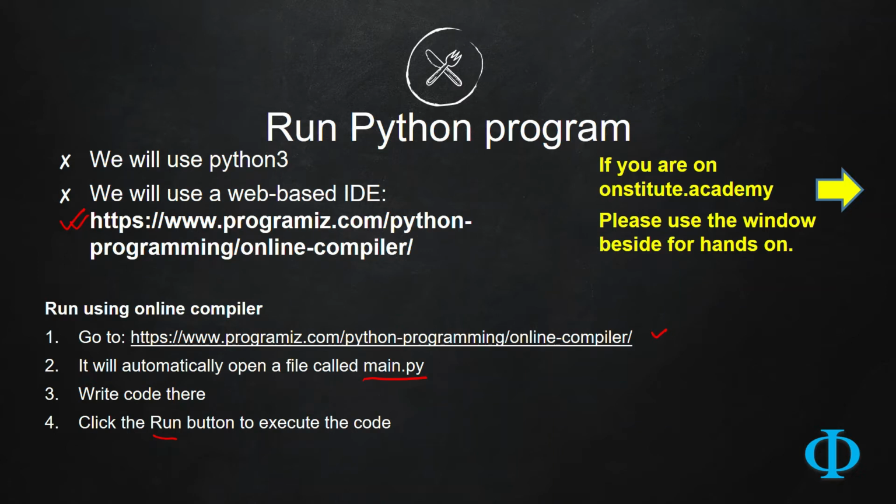And if you are learning this course on the institute.academy website, you can do all these things in the window at the right hand side. Just type this entire web address in the text box before the right hand side window, and click the connect button, and it will automatically take you to this website, and there you can start writing the code.